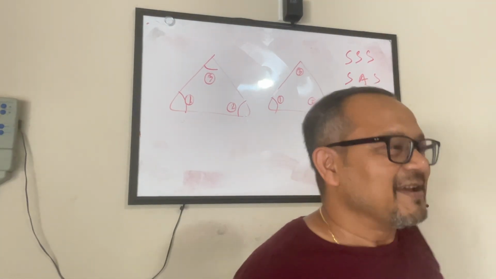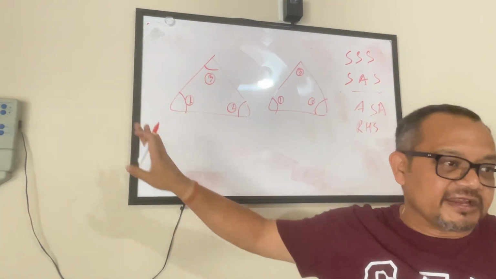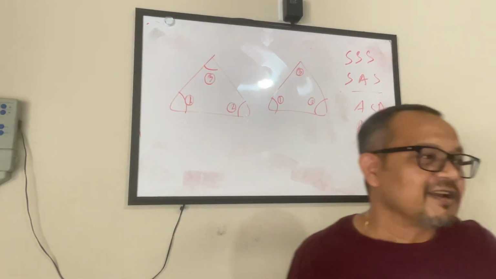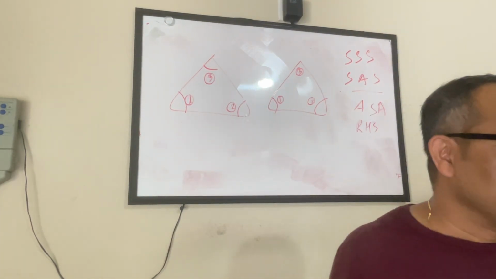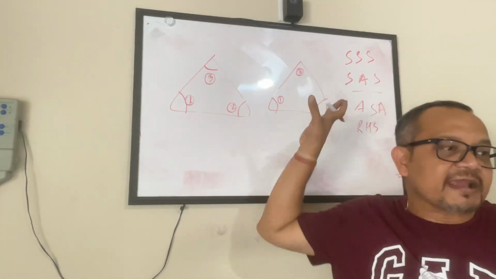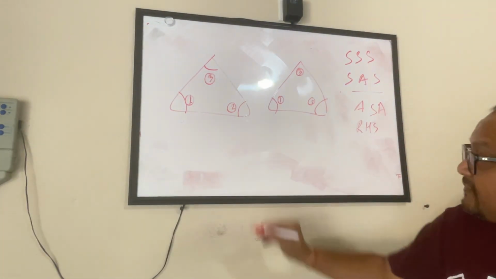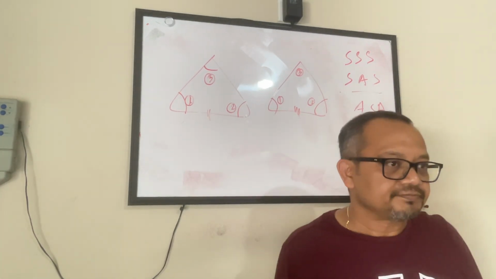Ever. Because you know that the sum of 3 angles is 180 degrees. When 2 angles have already matched, what is there to argue? So that means both the triangles have matching angles. And we are also told this side is same as this side already.